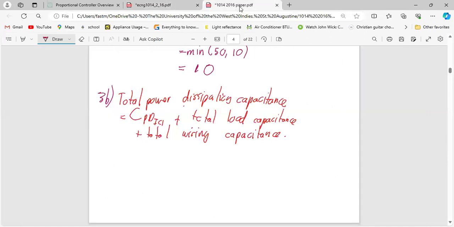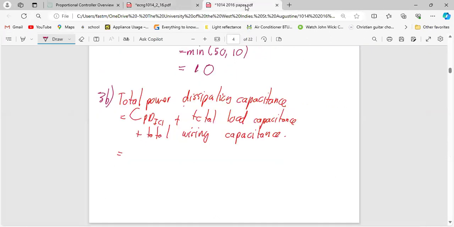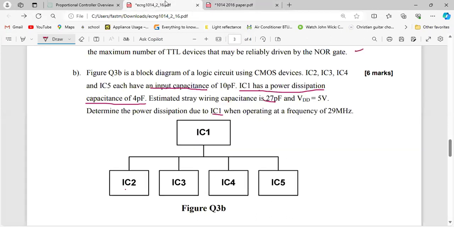So you could get the total load capacitance, right? So CPD, if you go back to the question, is 4, the power dissipation capacitance due to IC1, so 4 picofarads. And then now we need the total load capacitance, right?